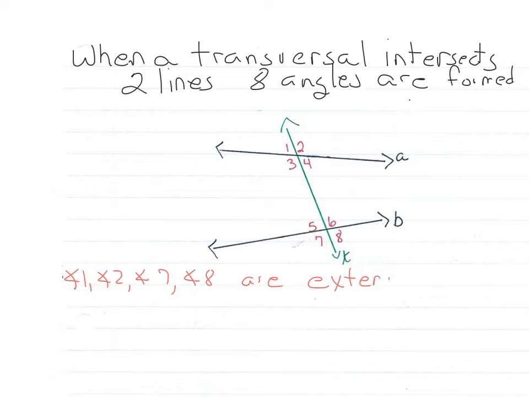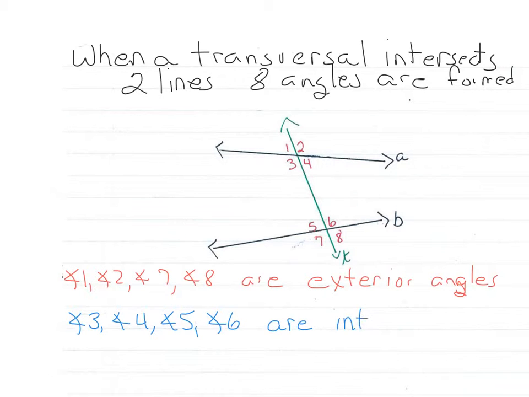Notice they are outside of the lines, outside of A and B. Angles 3, 4, 5, and 6 are interior angles, and we're going to break that down a little bit further.